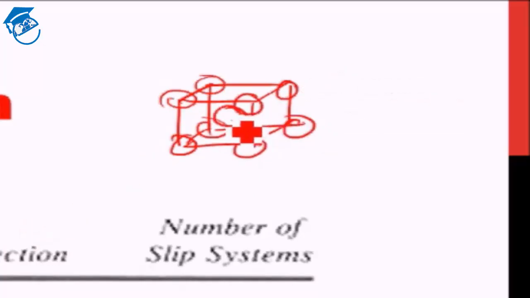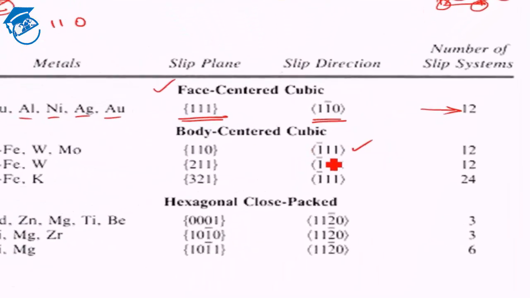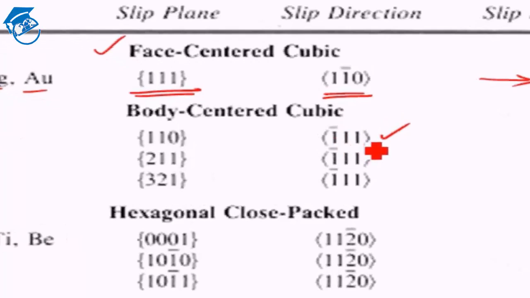So this touches all the 8 atoms, but there is no plane which is completely packed. There is a direction which is packed, that is the body diagonal, that is completely packed. So the body diagonal is basically 111 or bar 111. So this is the slip direction because it is the packed direction.